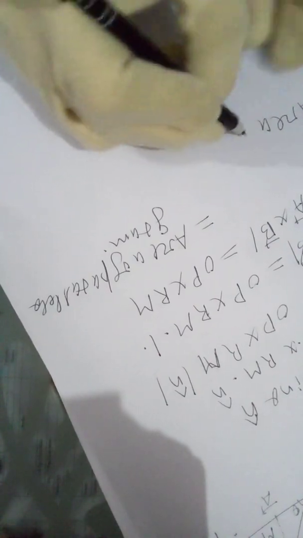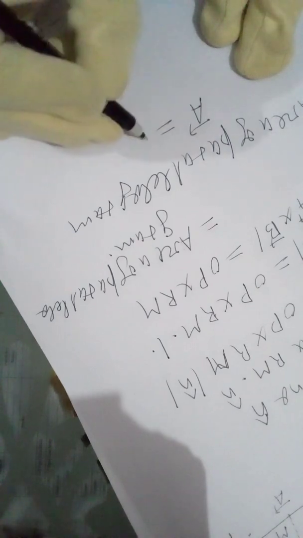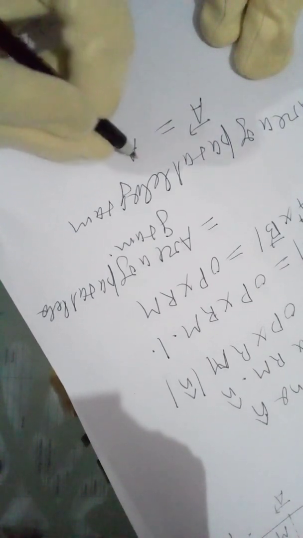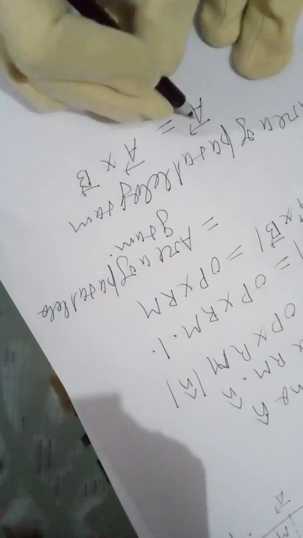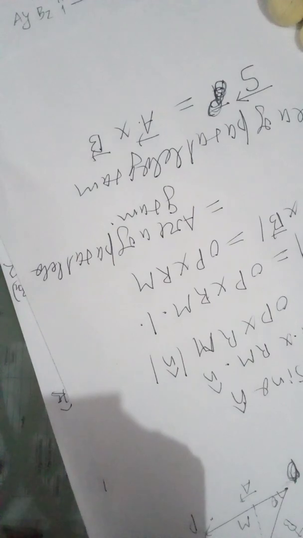So thus the area of the parallelogram is equal to vector A cross vector B. Let the area be represented by S, since we have used letter A here, so we write surface area S. So S is equal to vector A cross vector B. Thus the cross product of two vectors which represent two adjacent sides of a parallelogram, in magnitude and direction, gives the area of the parallelogram.